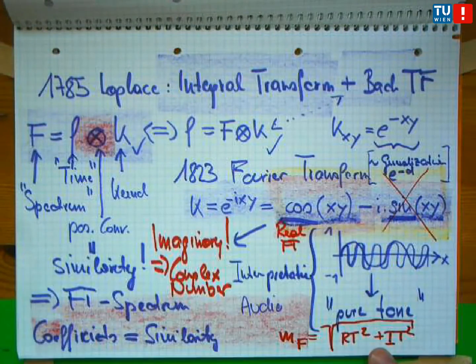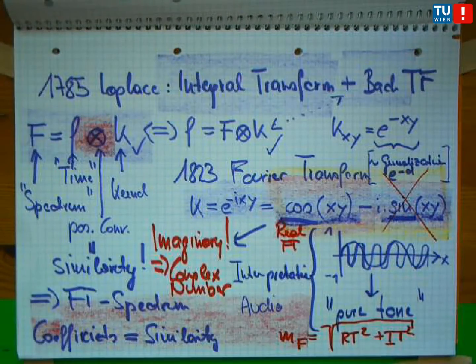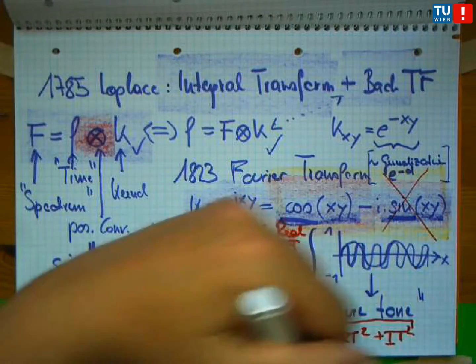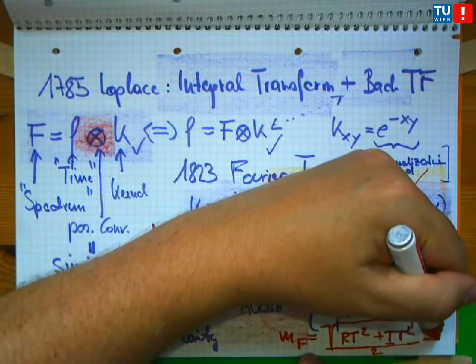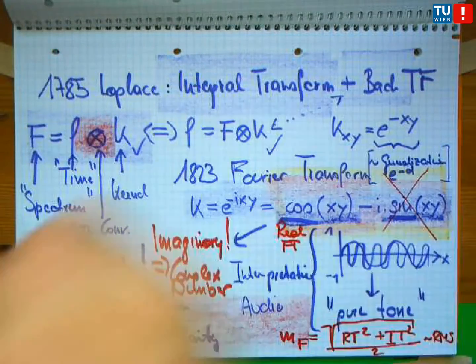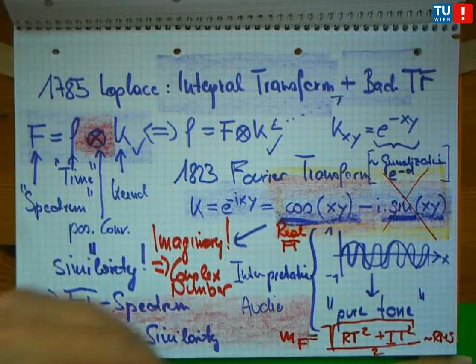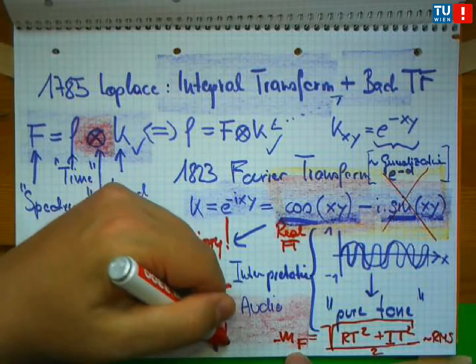Square them both, sum them up, and compute the root. If you divide them by 2, which is normally not done, but you could do it, then it would be a root mean square of the whole spectrum. And that is then called the magnitude.